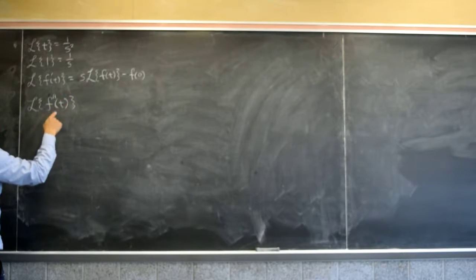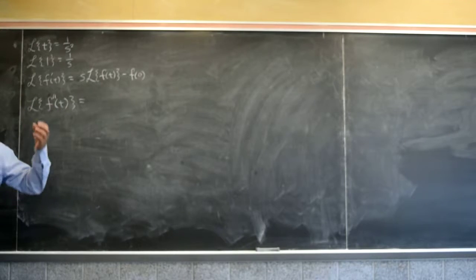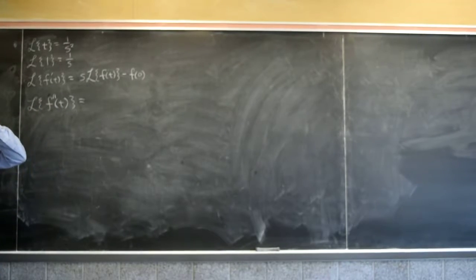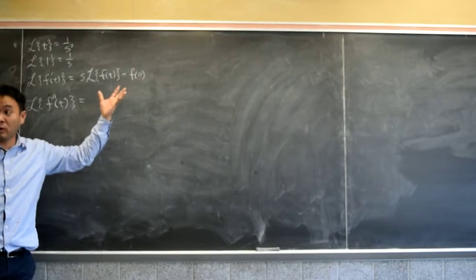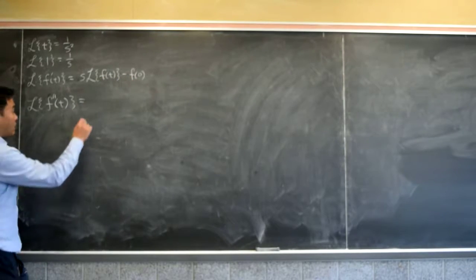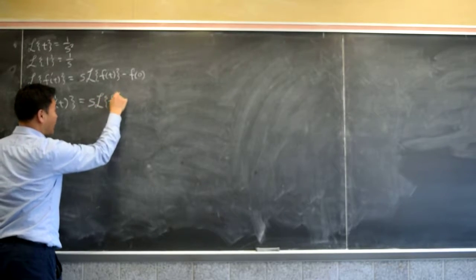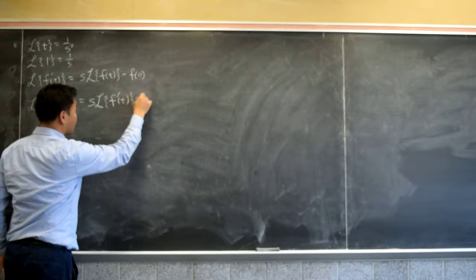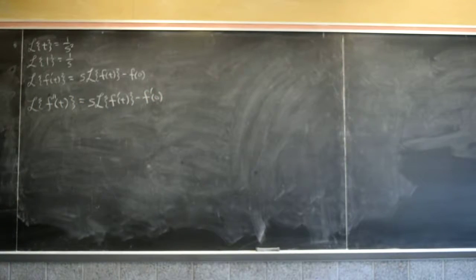What would I get if I applied this formula to f double prime of t? Well, f double prime of t is the derivative of f prime of t, so all you have to do is now replace f of t on the right side with f prime. Okay? So you have s times L of f prime of t minus f prime of 0.